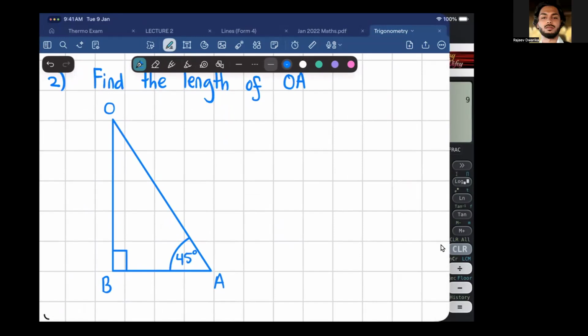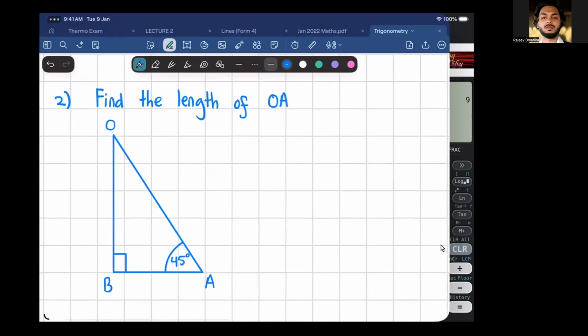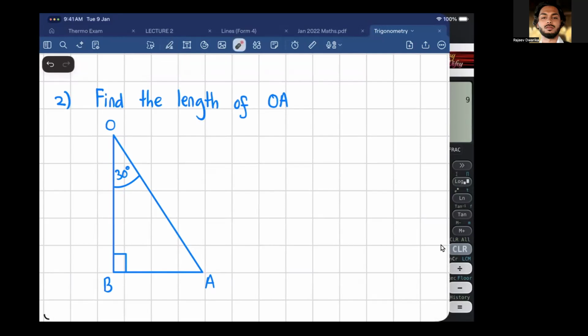All right, new question. Find the length of OA. I'm gonna change things up a little bit. I'm gonna say that this is 30 degrees. The first thing you want to do is label the triangle. So Perseus, tell me, how would I label OB?